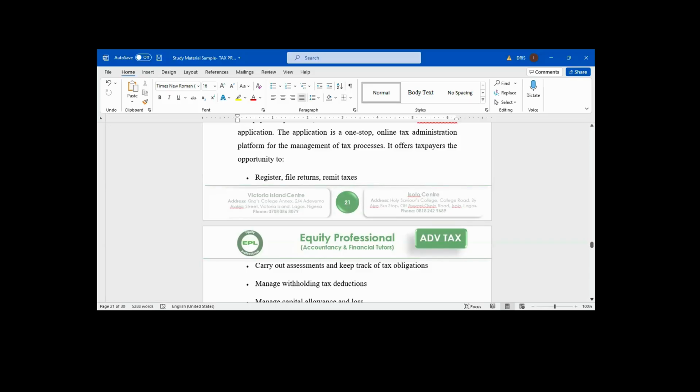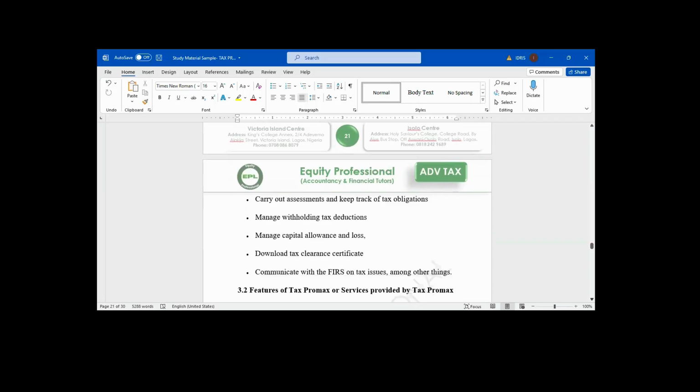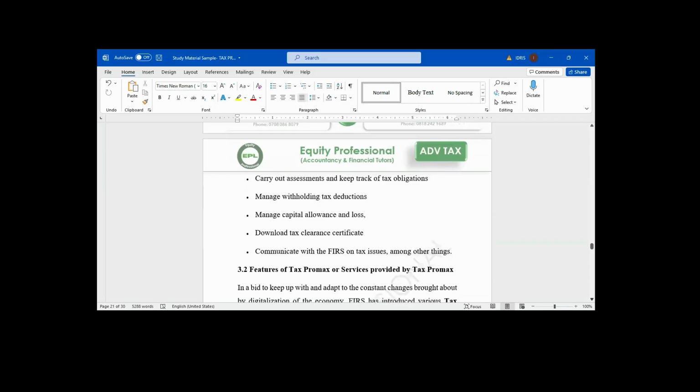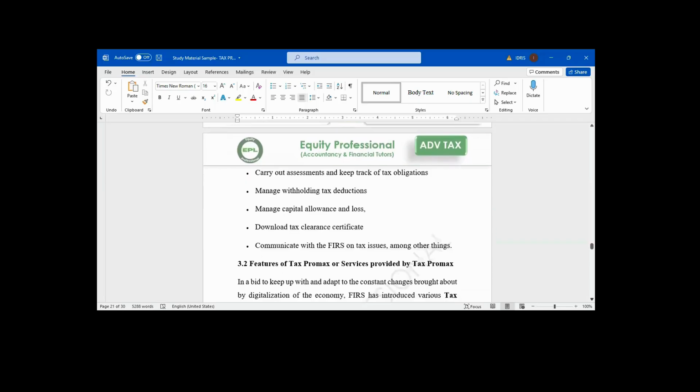It also helps taxpayers to manage their capital allowance and loss, and to download tax clearance certificates.